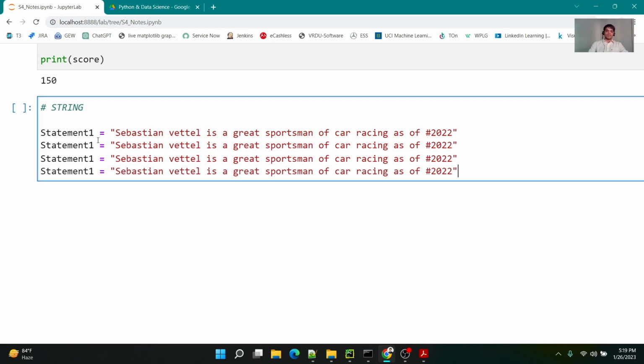It can also be single quotes like this. It can also be double quotes as previously. It can also be triple single quotes like this, and it can also be triple double quotes like this, right?